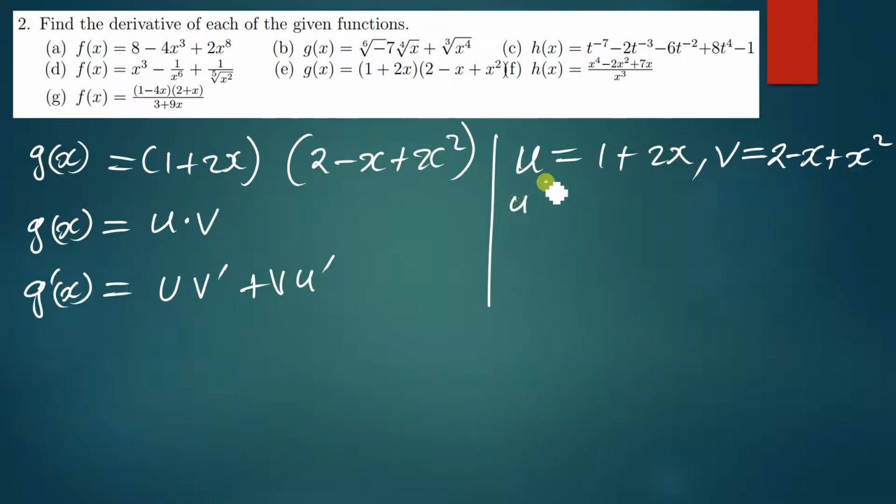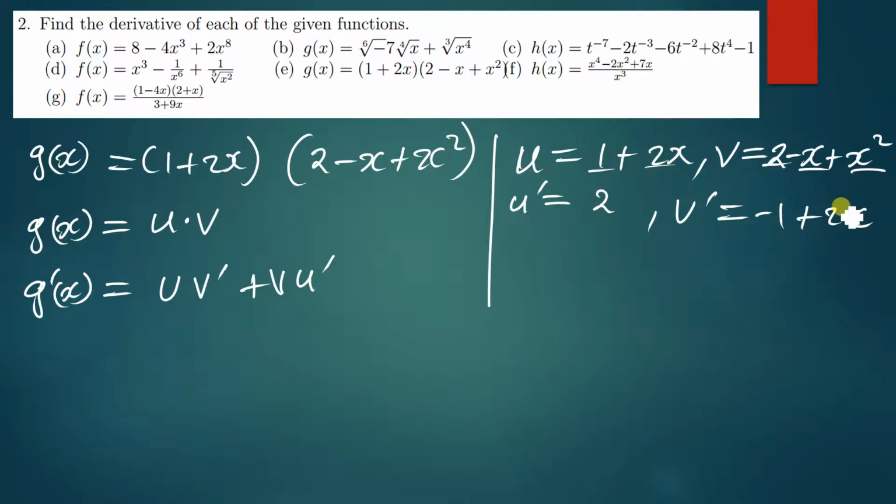Our u prime is therefore going to be equal to, the derivative of 1 is 0, derivative of 2x is 2. Then v prime is therefore going to be equal to, derivative of 2 is 0, derivative of negative x is negative 1, derivative of x squared is 2x.